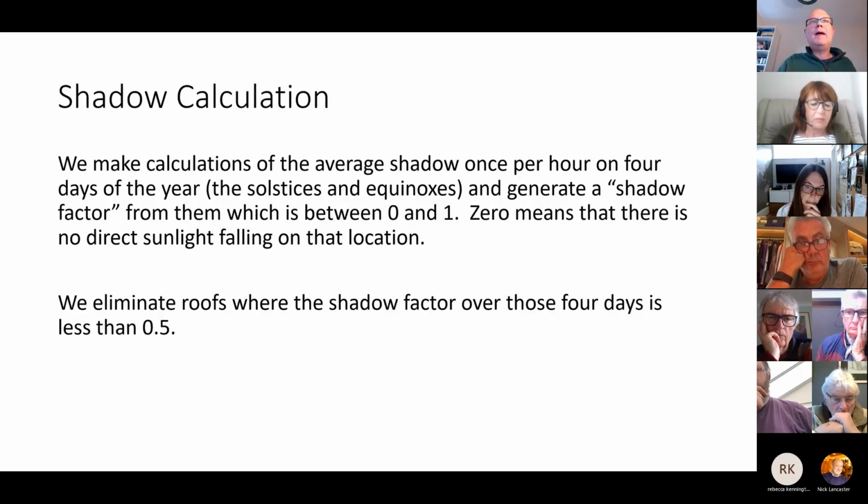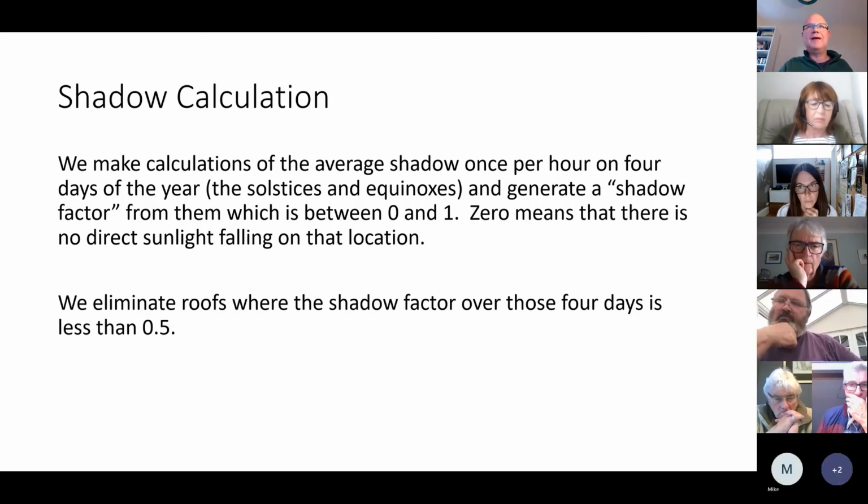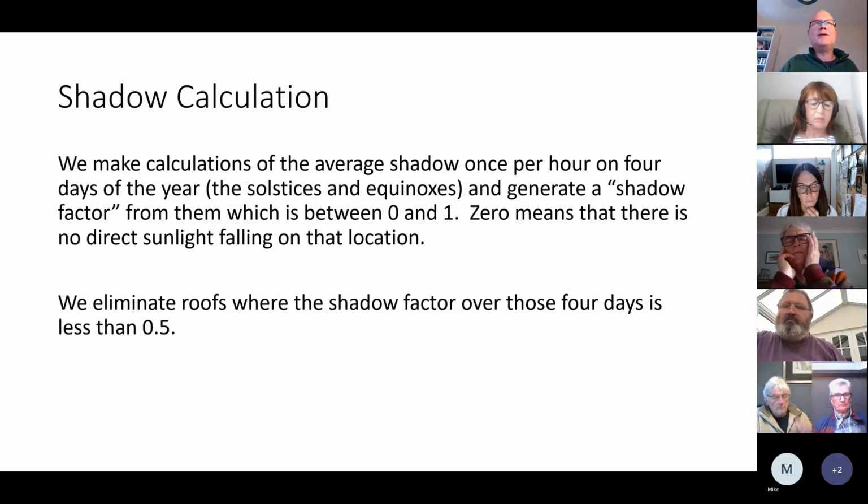And then in terms of the shadow calculation, we divide the year up into 4 and look at the 2 solstices and the 2 equinoxes, and look at the shadow on 4 different dates, because it's impossible to calculate that shadow on every single minute of every single day of the whole year.